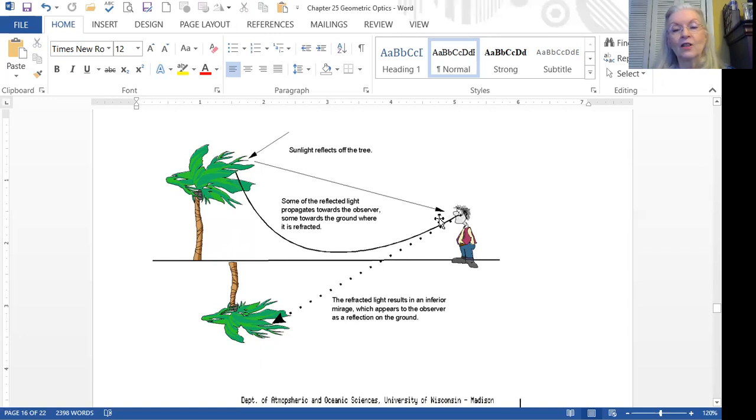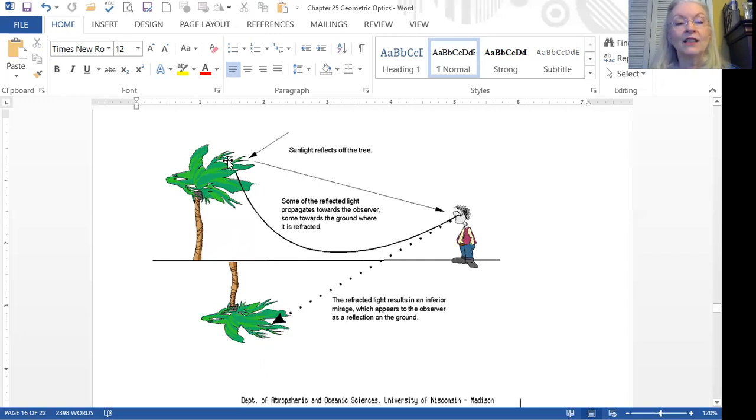And so when it gets to your eye, you see this beam, and your mind traces it back in a straight line and says, aha, we've got the top of the palm tree down here, but your mind sees the top of the palm tree up here because of this other beam.